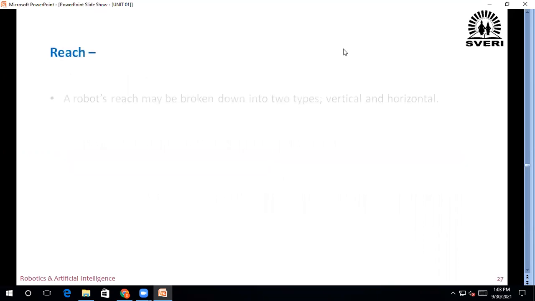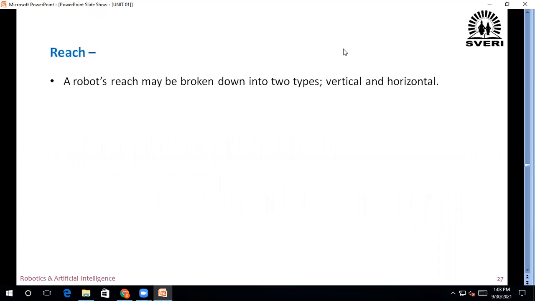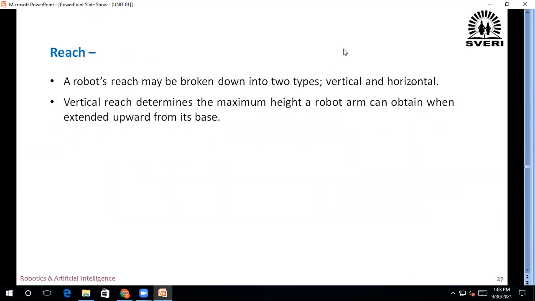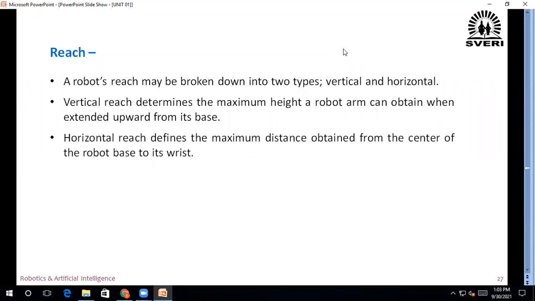Now reach. A robot's reach may be broken down into two types, vertical and horizontal. Vertical reach determines the maximum height a robot arm can obtain when extended upward from its base. Horizontal reach defines the maximum distance obtained from the center of the robot base to its wrist.